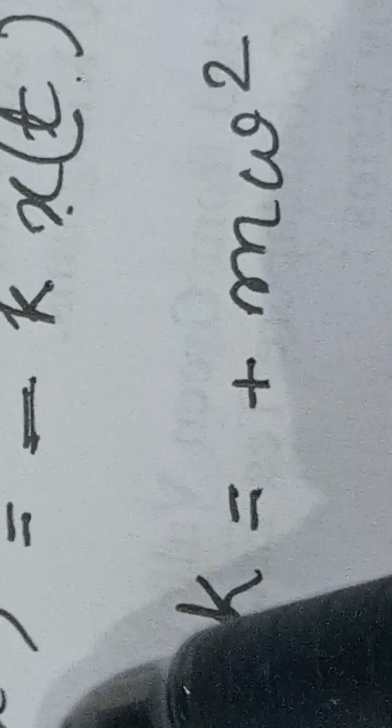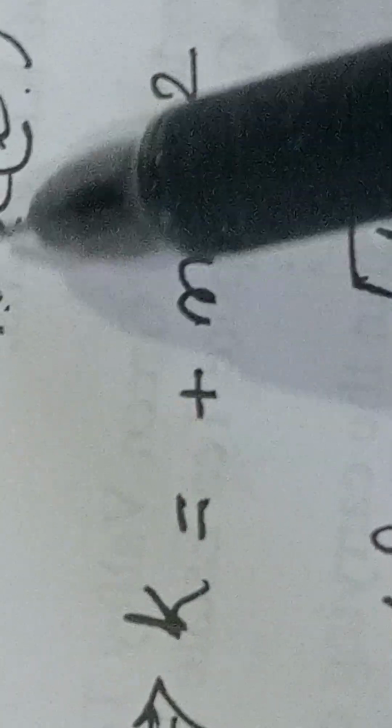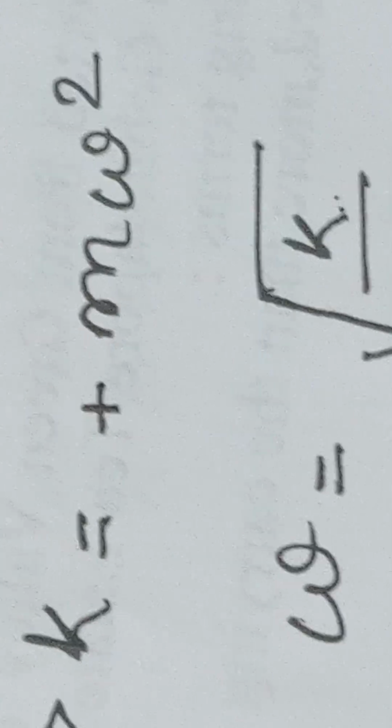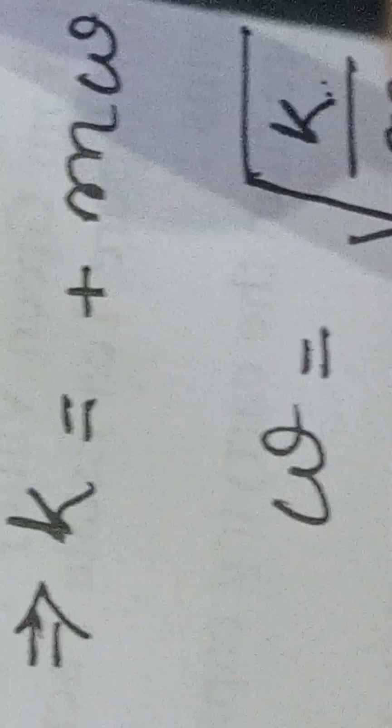So one thing we have seen here is force is equal to minus k x(t), means what? Displacement. So this shows that force acting on the particle and displacement are opposite to each other.